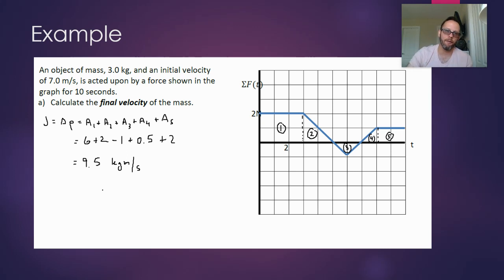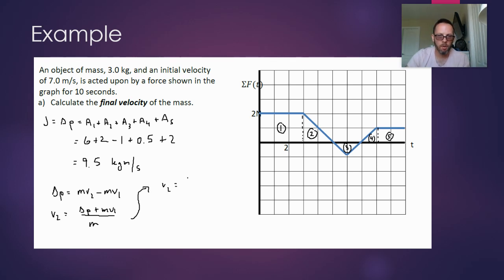We now can find the final velocity. So change in momentum is mv2 minus mv1, final momentum minus initial momentum. And we can solve for v2. That would involve bringing mv1 to the right, so delta p plus mv1, and dividing by the mass. Let's finish it off, guys. Change in momentum, 9.5, 3 kilogram mass.